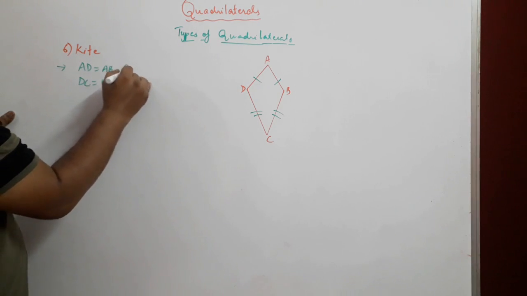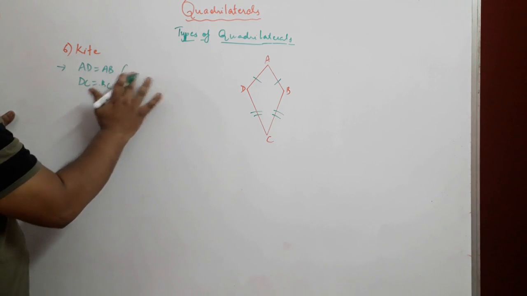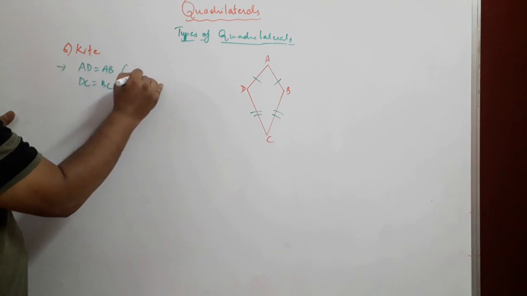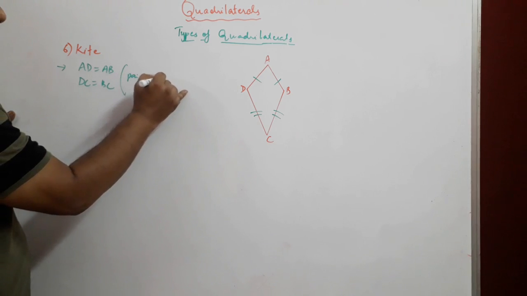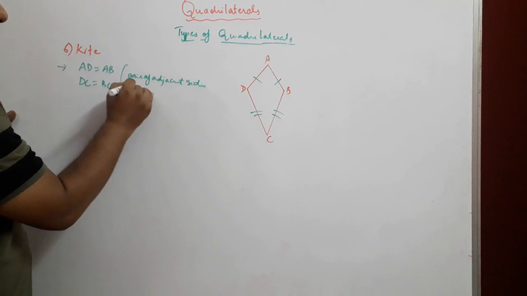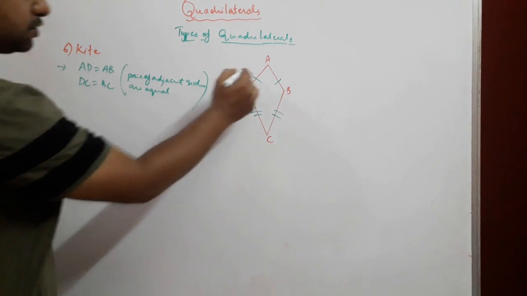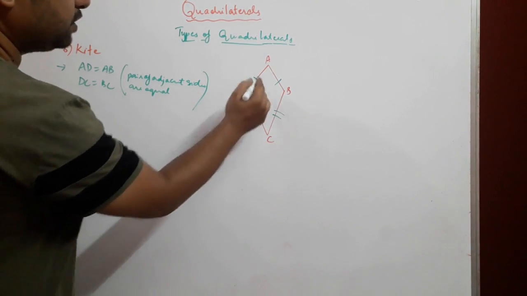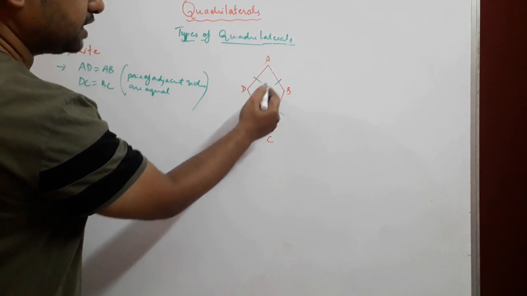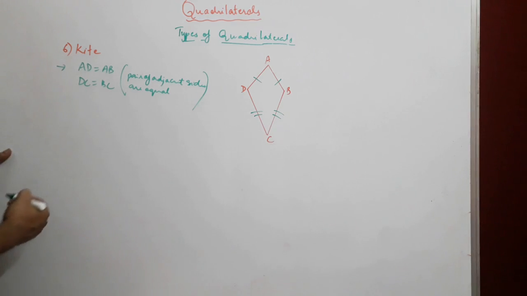So you can say pair of adjacent sides are equal. Okay, so these are two adjacent sides, and only this pair, the sides are equal to each other. Similarly, over here we have two adjacent sides which are equal to each other.